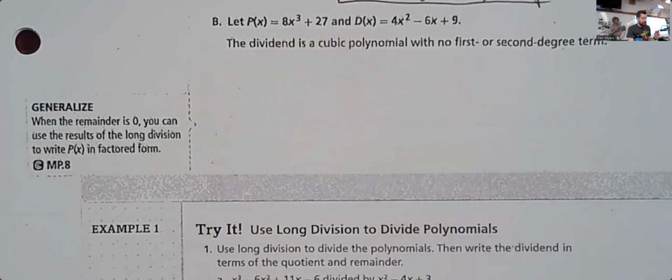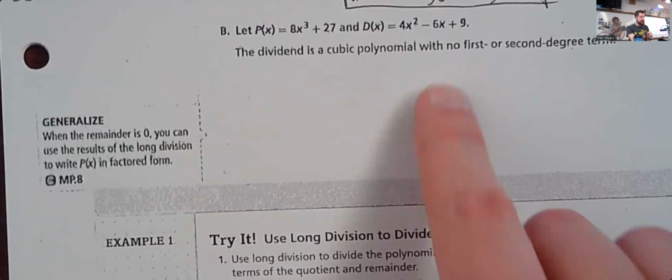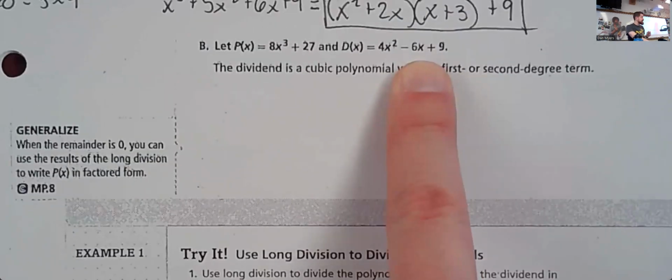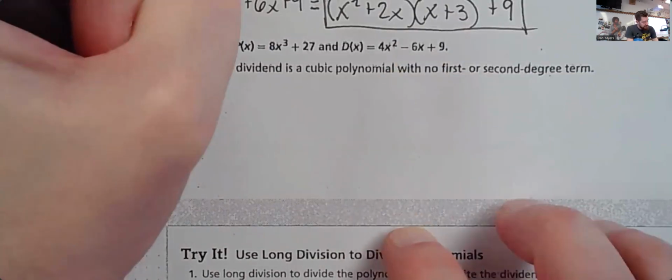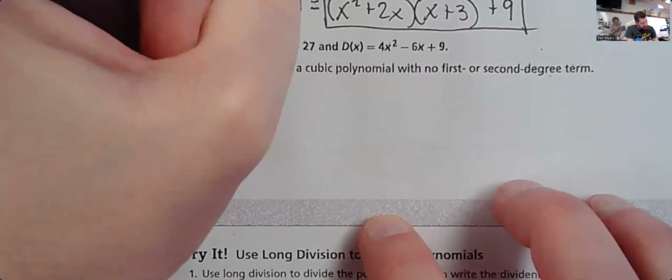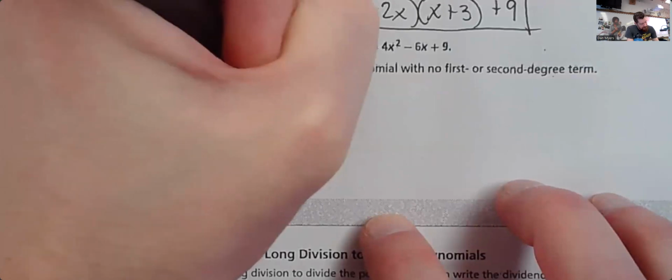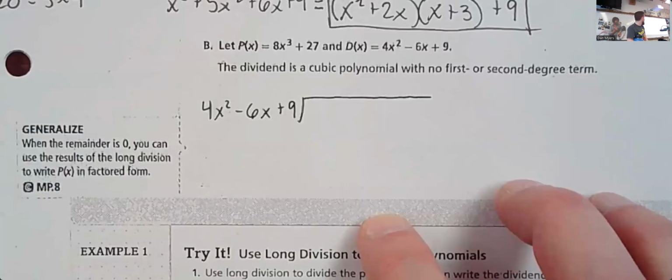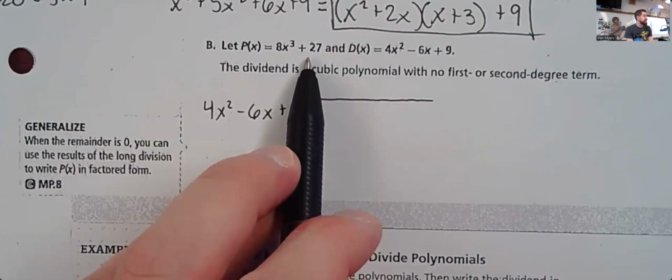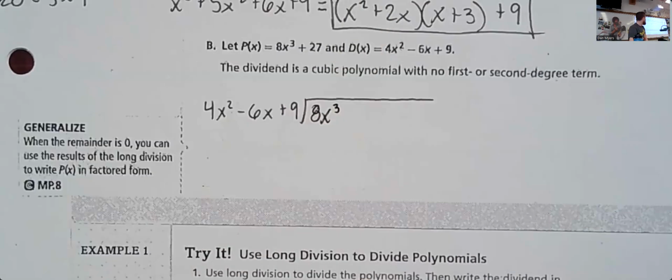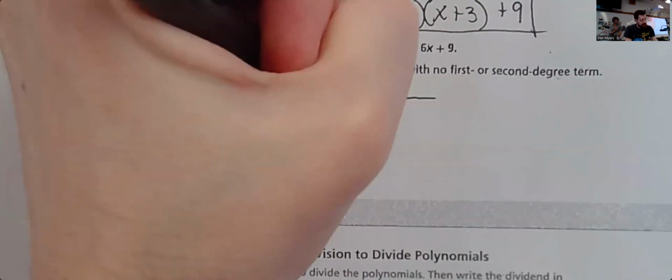So here we go. This particular one, we are dividing by 4x squared minus 6x plus 9. So that is our divisor. That's on the outside of the division symbol. And our dividend is 8x cubed plus 27, but watch what I'm about to do here. We got 8x cubed. We need to compensate for the place value that has x squared. So we have to include x squared in our dividend.